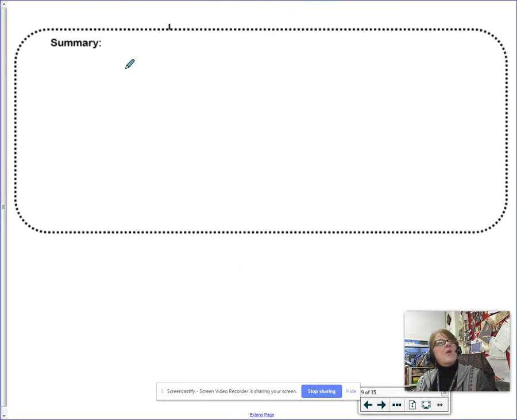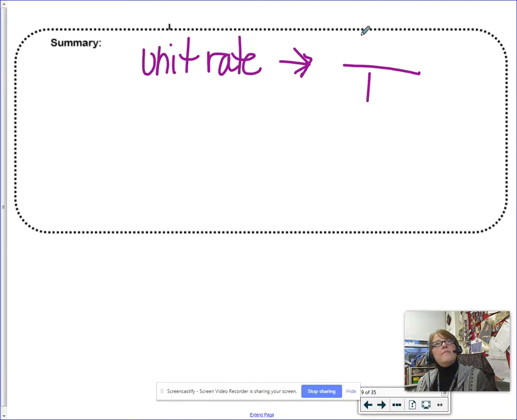All right, so unit rates have a denominator of 1. Unit rate, and let's do something like this, 1. And if I give an example of like miles per hour, that's the big thing. So if you're traveling, say 60 miles an hour, you're always looking for that denominator of 1.